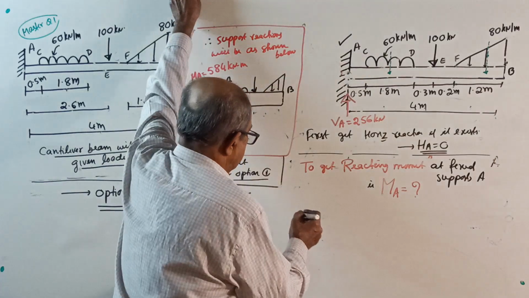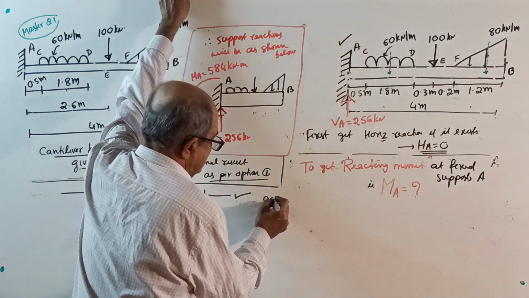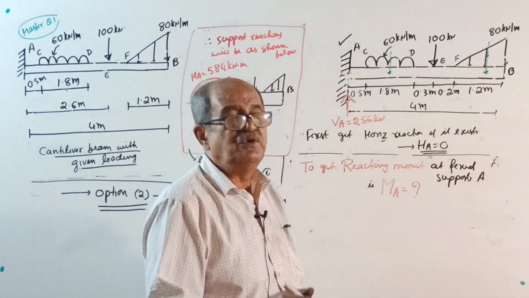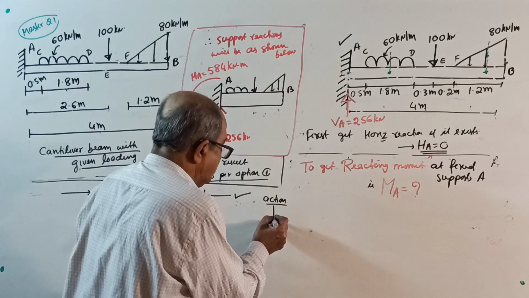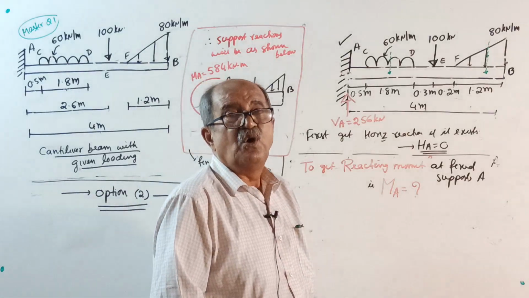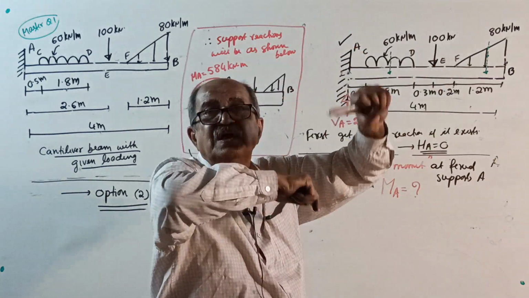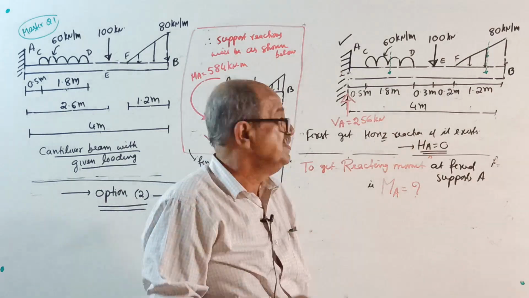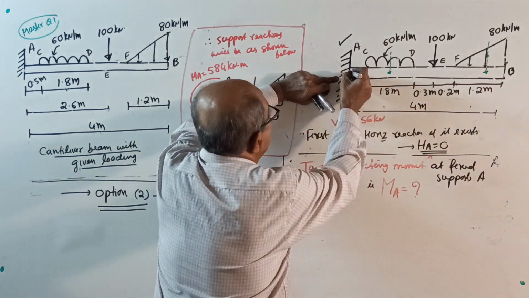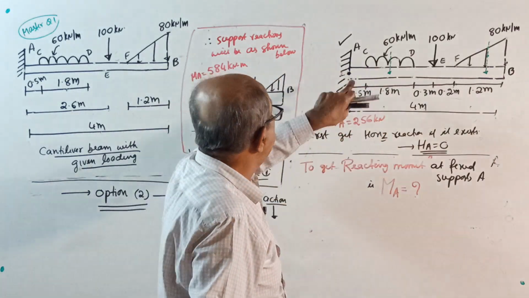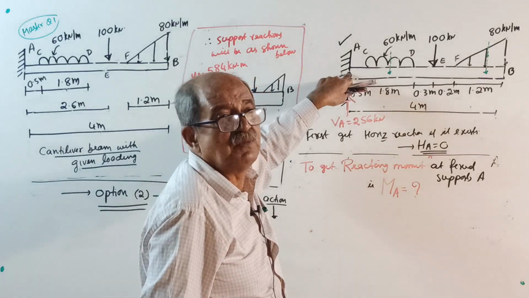Okay, start. First you consider action. For first to find action means rotational effect about the fixed end. Therefore, put the finger at the fixed end here. Okay, don't remove the finger.